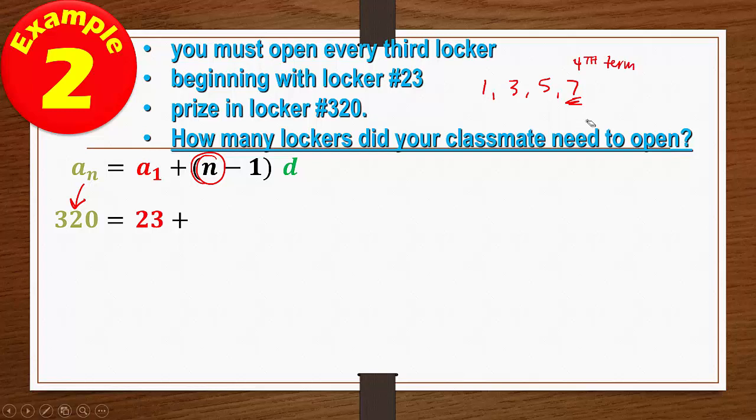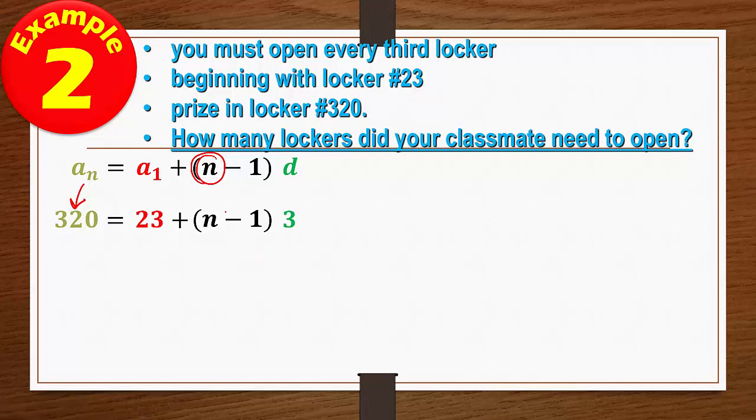And that's what we're trying to find here, which term number is locker number 320. So n minus 1 is just going to stay down because n is what we're trying to solve for, and that minus 1, we can't separate it yet. But we do know that the common difference is 3 because we had to open every third locker.